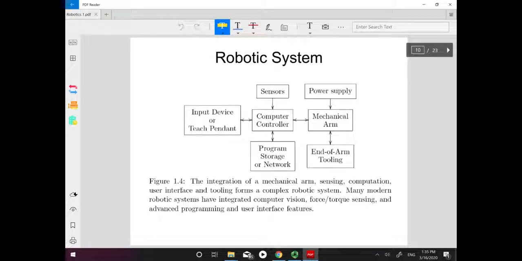And what is a robotic system? We have seen robotic systems in those examples in the YouTube videos. So what are the components in those robotic systems? Of course, we should have an input device, which could be a touchpad or different things, so it gives the input.